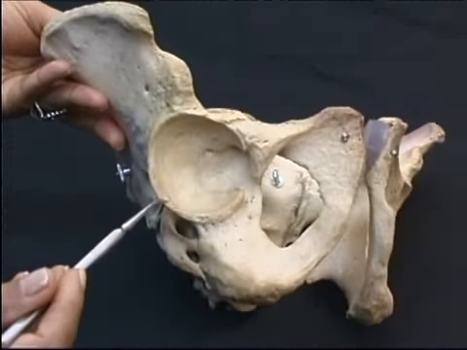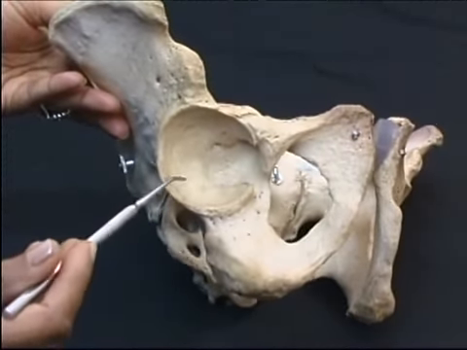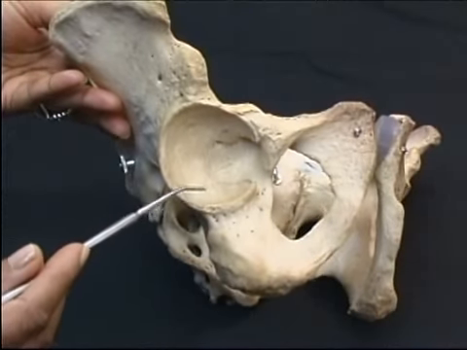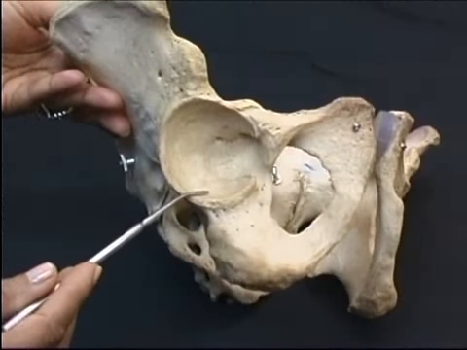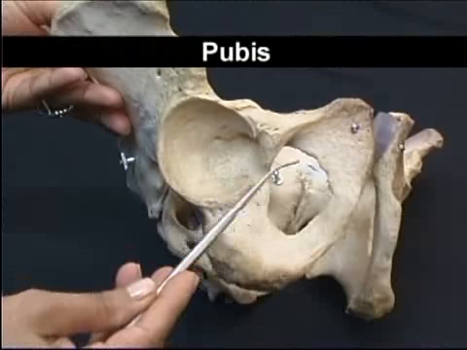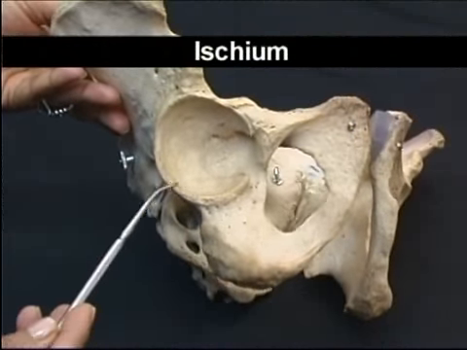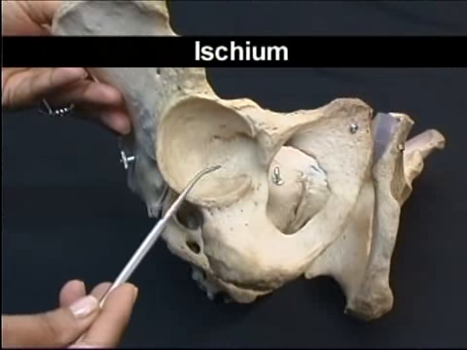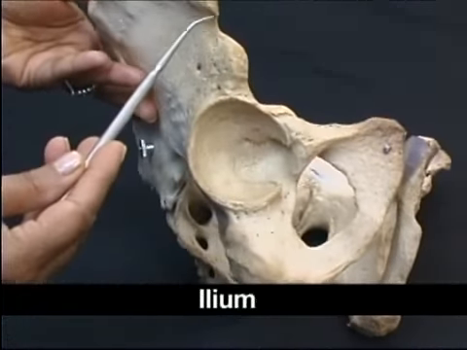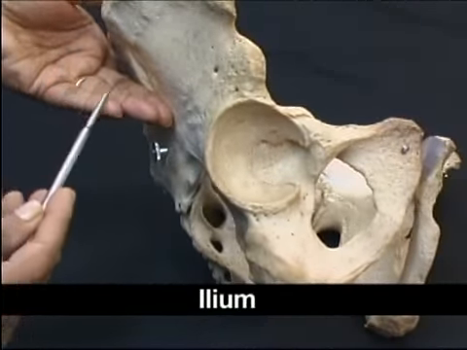Let's look at some of the features of the hip bone. The hip bone is formed by the union of three bones: the pubis, which is the anterior part of this bone, ischium, which is the inferior part of this bone, and ilium, which is the superior part of this bone.